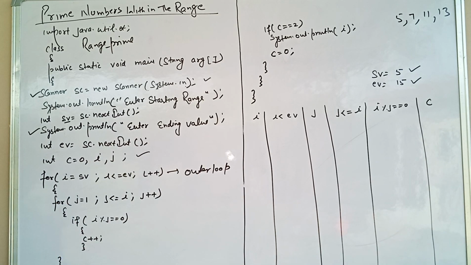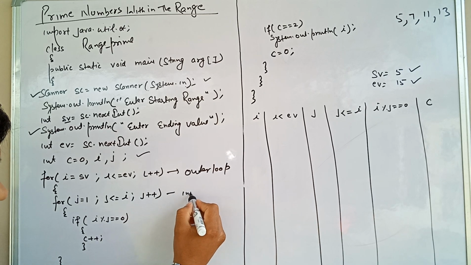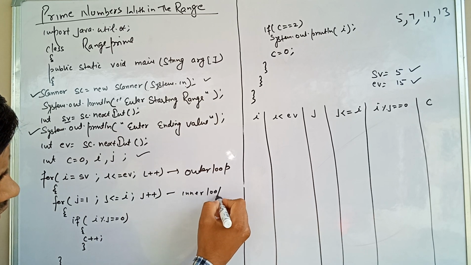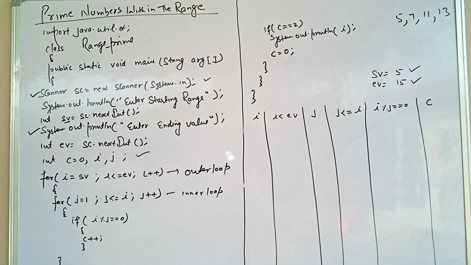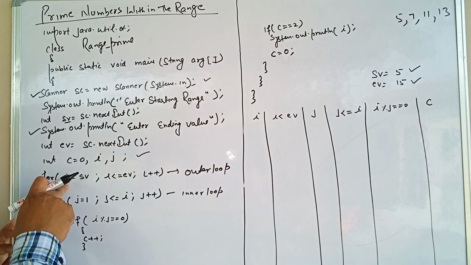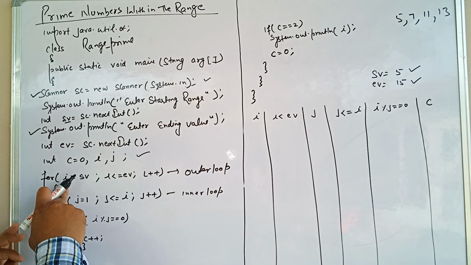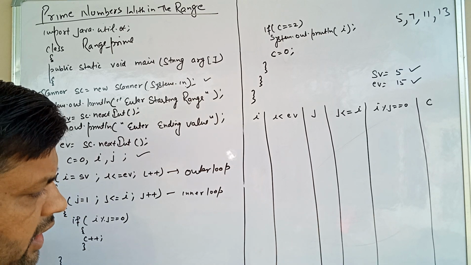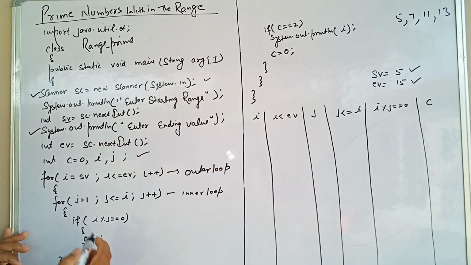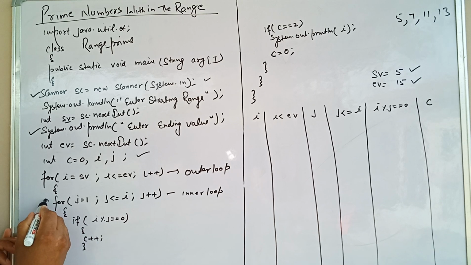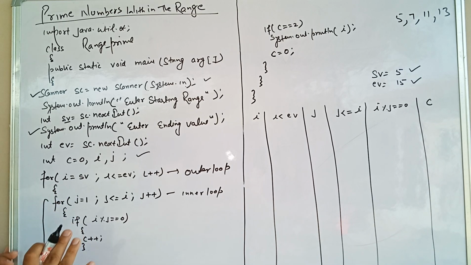Now starting inside the outer loop, this is my inner loop. In the inner loop, I will check whether this value of I is a prime number or not. So for the prime number, this is the loop. If you see this code, you have already done it in the first program.